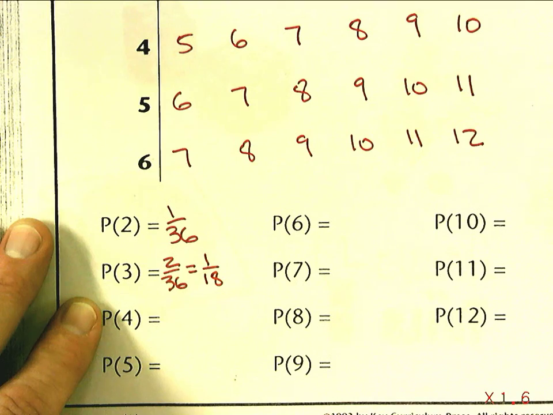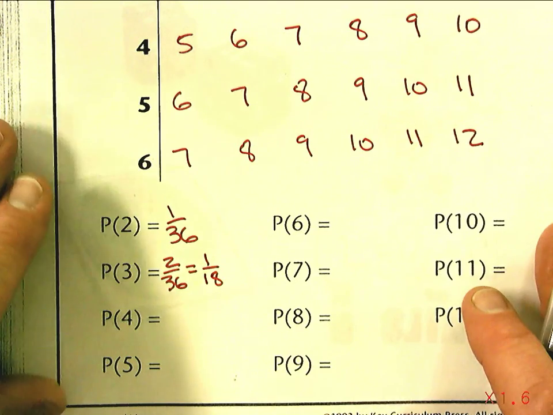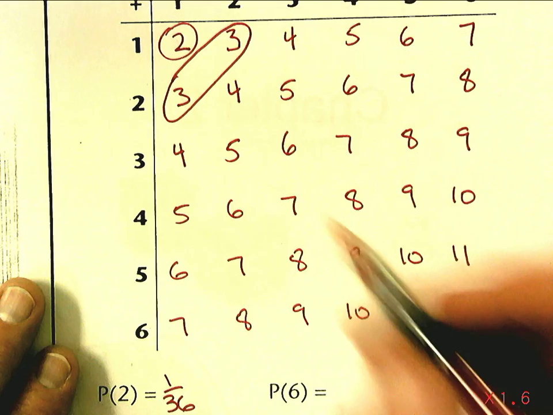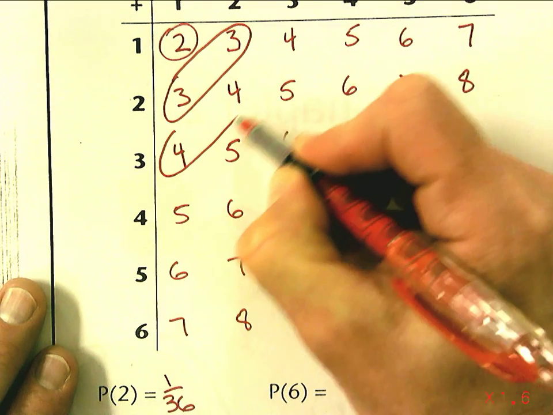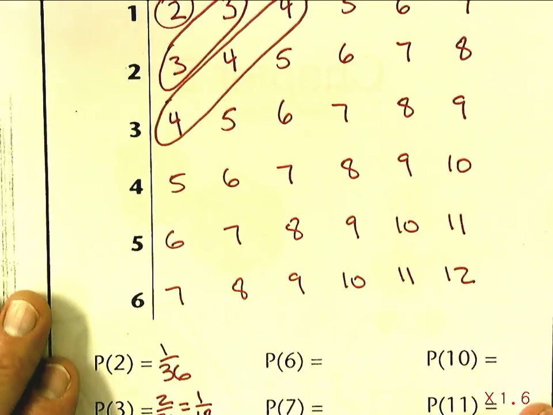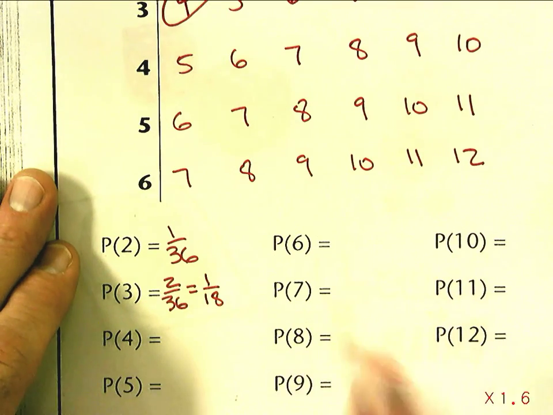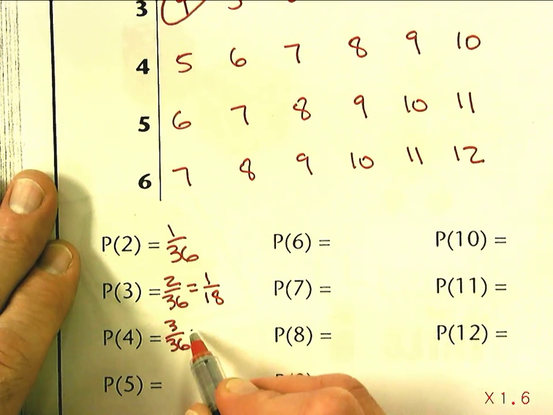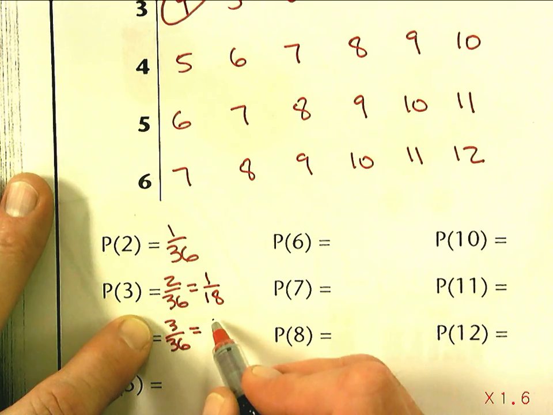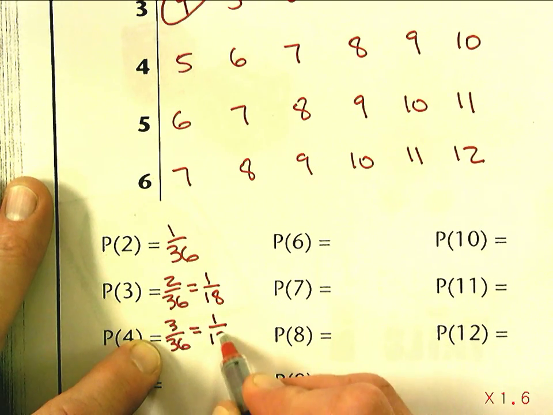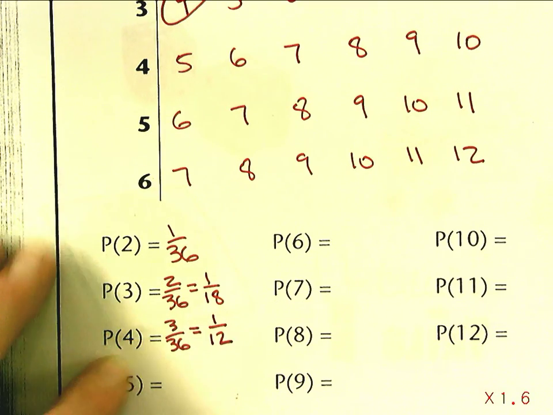So 1 in 18 chance of a 3, and if we continue to do our probabilities, the probabilities of rolling 4s, there's 3 ways to do that with a pair of dice out of 36. And again, that fraction will reduce. 3 goes into itself once and into 36 12 times, so 1 in 12.